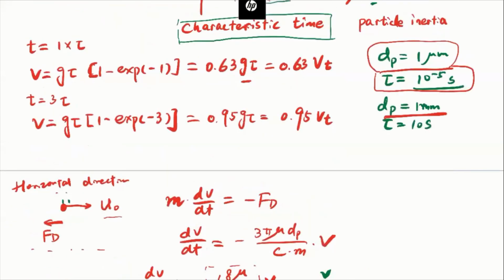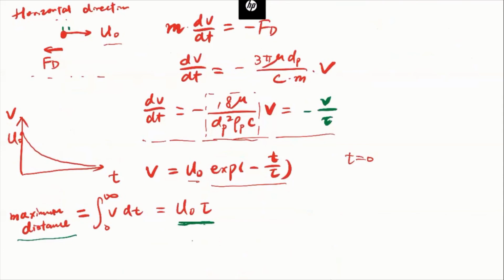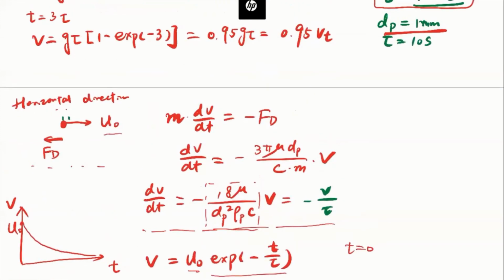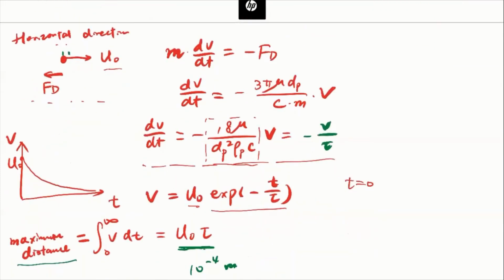Because, for example, for a 1 micrometer particle with an initial velocity of 10 meters per second, the distance that they can travel is just 10 to the minus 4 meters, right? Which is negligible. Even our bare eyes cannot tell this difference, right? So that's why these very small particles can suspend in the air for a very long time, okay?